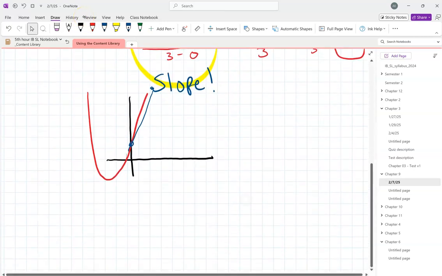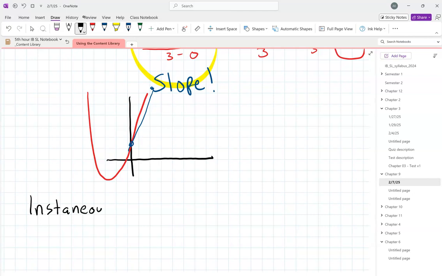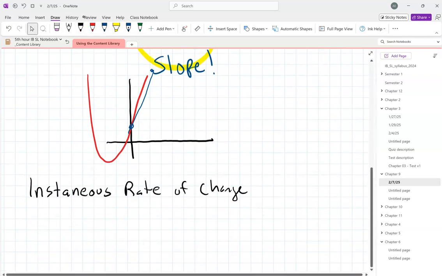Now, that's lovely, right? But what we're going to be interested in here is not the average rate of change, but the instantaneous rate of change.